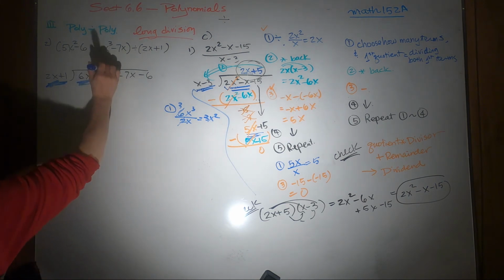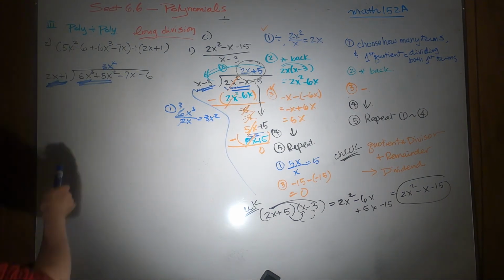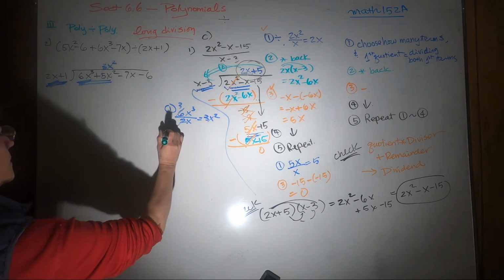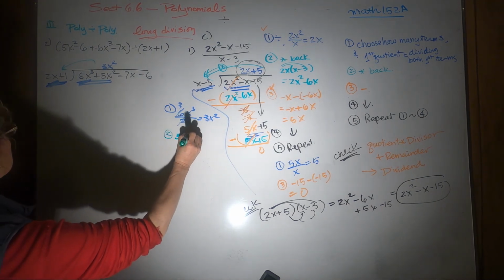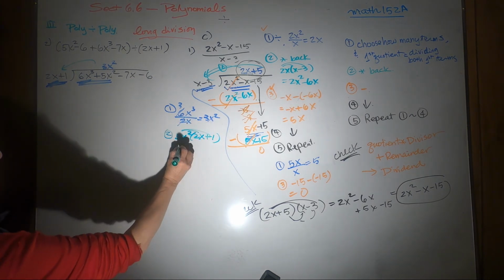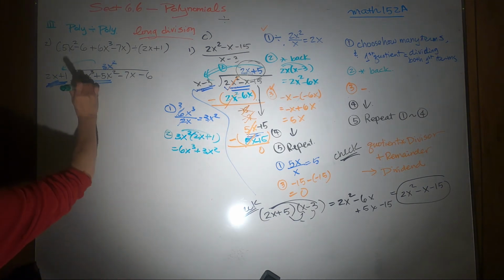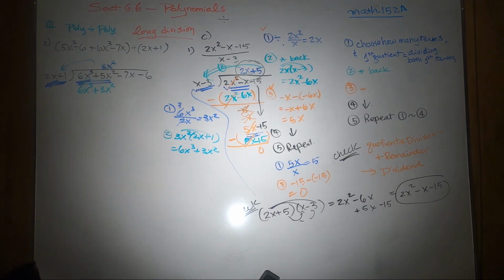So we put it on top, lined up in the right order, x squared lined up with x squared. Then what's your next step? You multiply them back. So 3x squared times 2x plus 1 would be 6x cubed plus 3x squared.